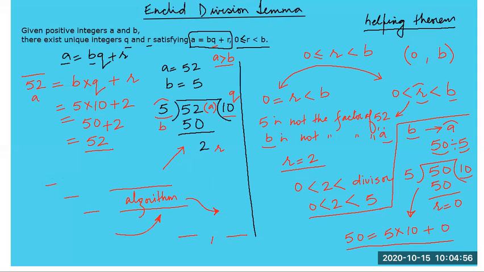All right. So now students, we know what Euclid's division lemma is: a = bq + r. It's very important to write that r ranges between 0 and b. r is less than b, r is greater than 0, and when b is a factor of a, in that case r is equal to 0.